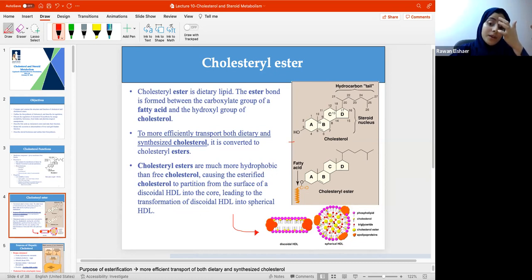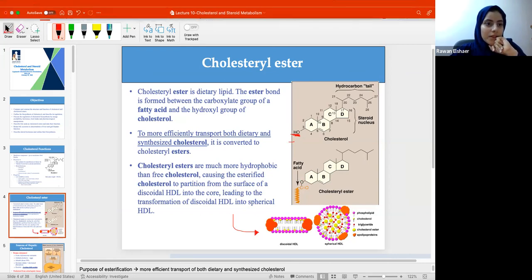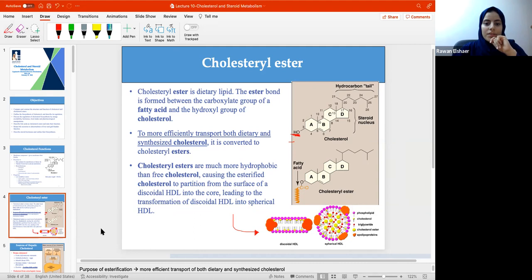And as I mentioned, where does the link happen? At the hydroxyl group, at the hydroxyl site. And this is the fatty acid that combines with it, okay? Let me remove this.